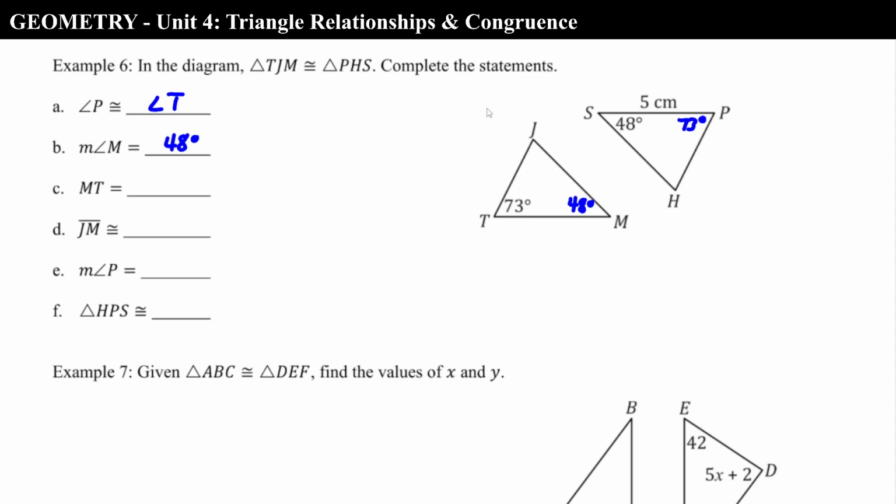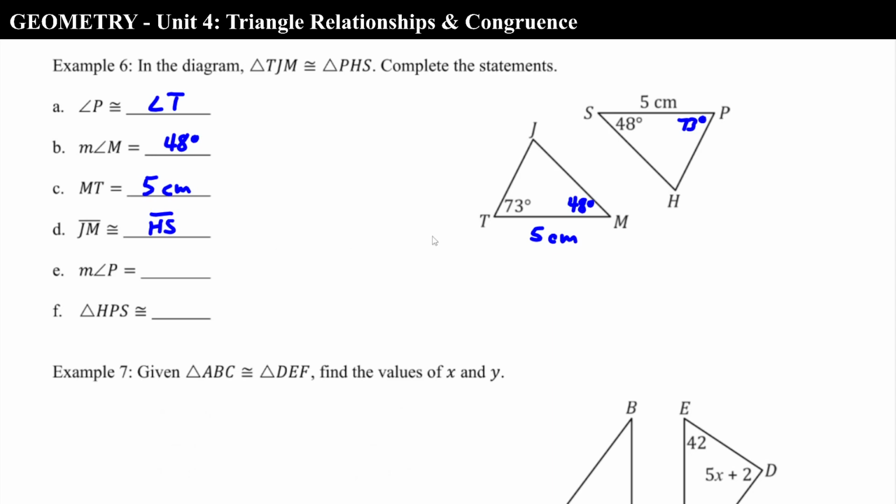MT, which is here, is equal to what? Well, let's see here. Is it equal to 5? Well, we have SP, which is the last and the first. MT is the last and the first. So, yes, this must also be 5 centimeters. So, MT is 5 centimeters. Remember, when you are given units, make sure you include your units. JM is going to be congruent to segment HS.